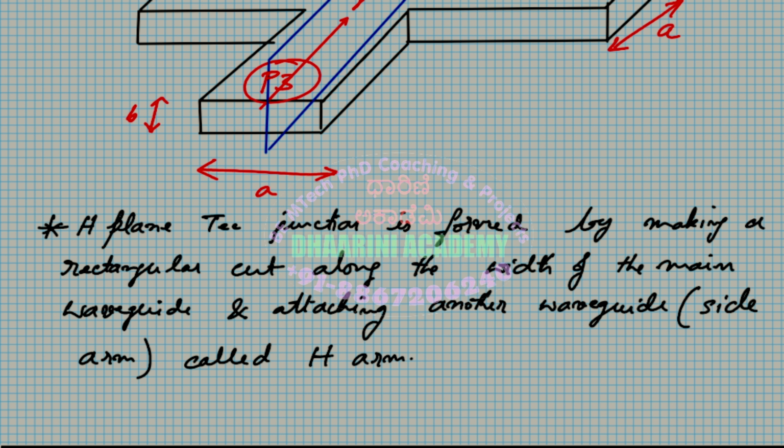So port 1 and port 2 of the main waveguide are called the collinear ports. In brackets I write the port 3 of this one.